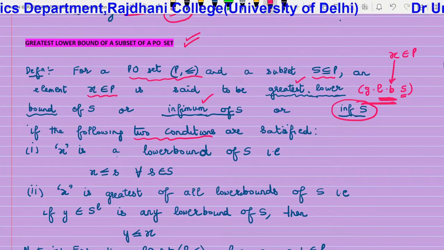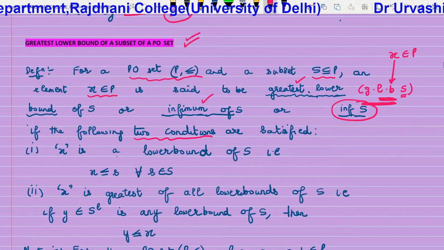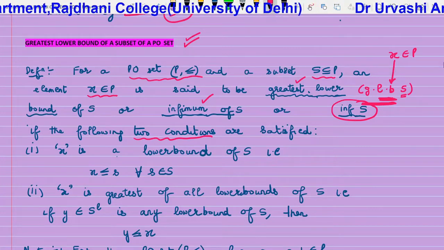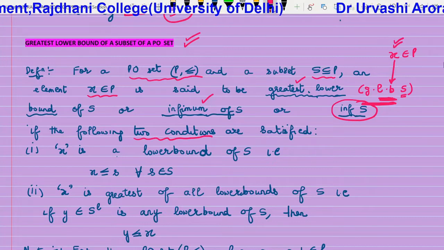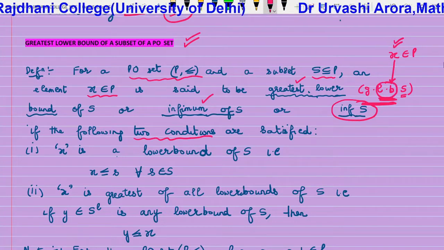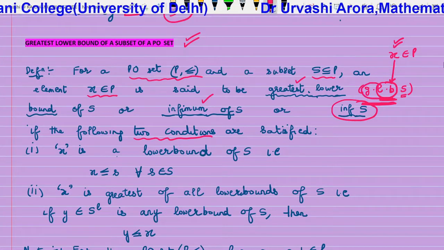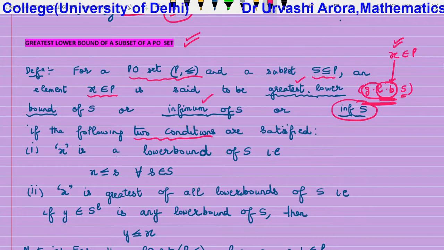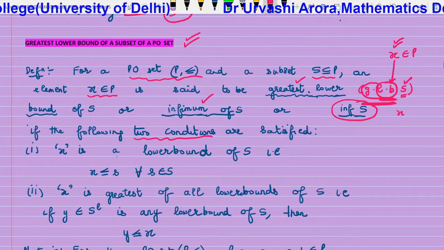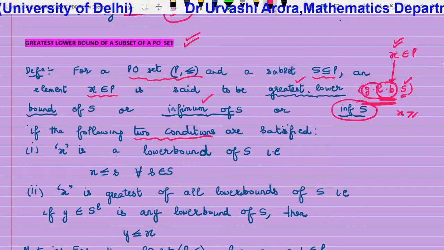It should be greater than any other lower bound of S. So these are the two conditions that must be satisfied for X to be the greatest lower bound. The first thing, X should be a lower bound of S, and the second thing, X should be the greatest of all lower bounds, which means that if there is any other lower bound of S, then X must be greater than that lower bound. So these are the two conditions that must be satisfied.